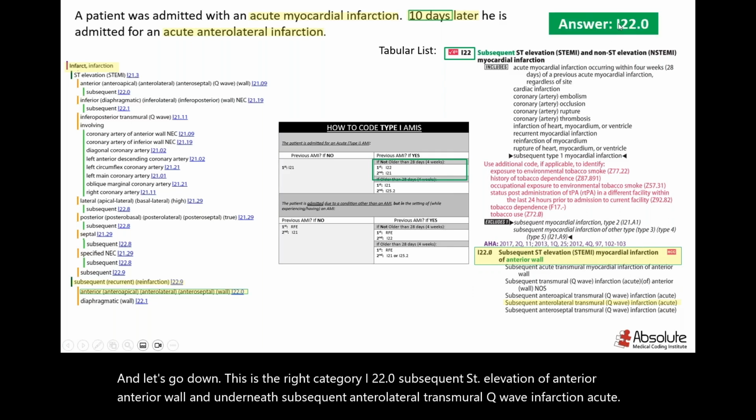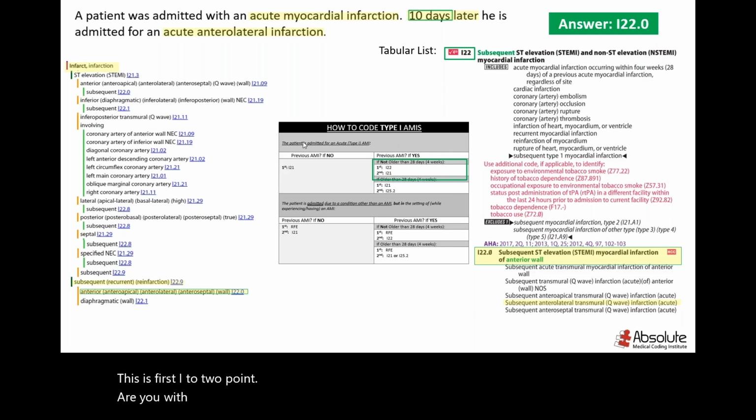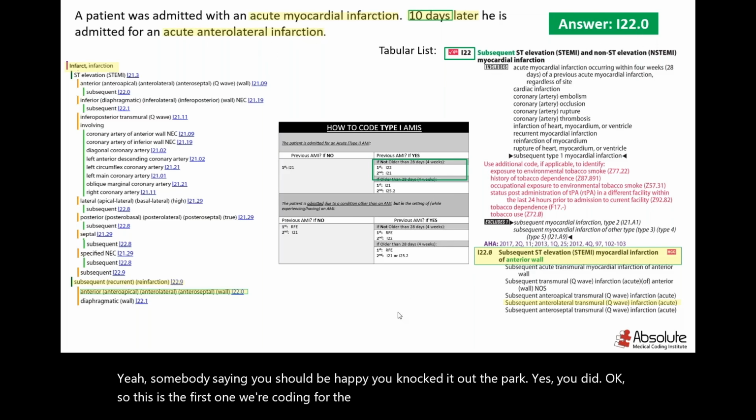This is first, I22.0. Are you with me? Somebody's saying, yeah, you should be happy, you knocked it out of the park. Okay, so this is the first one. We're coding for the recurring one first.